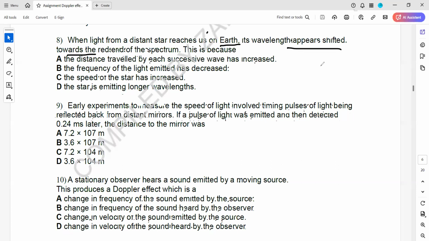The spectrum has violet, indigo, blue, green, yellow, orange, and red. So what is given? The distance traveled by each successive wave has increased.